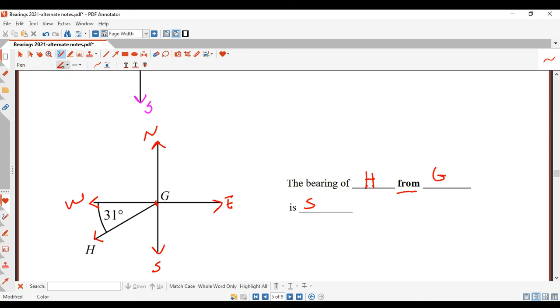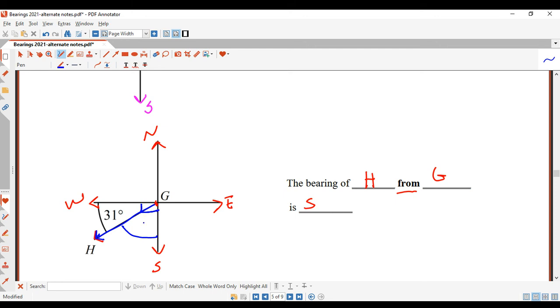And then we've got to measure the angle between the ray, so here's my ray, and the south line in this case. You're always measuring the angle between the ray and the north or south line in this type of bearing. Now, 31 degrees is there.